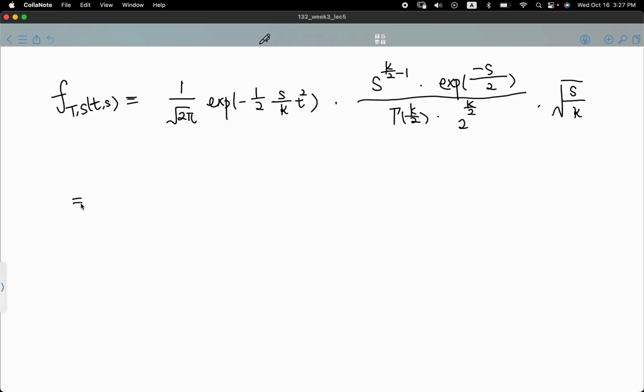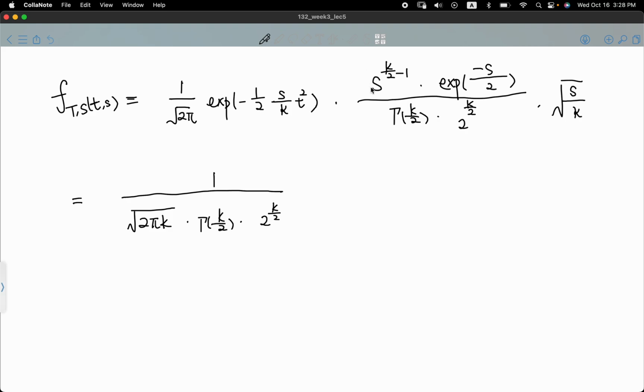So this is equal to 2 pi k. So this 2 pi and this k, okay, multiply by gamma function k over 2 from here. Okay, and then 2 raised to the power of k over 2. So everything on the denominator is here.